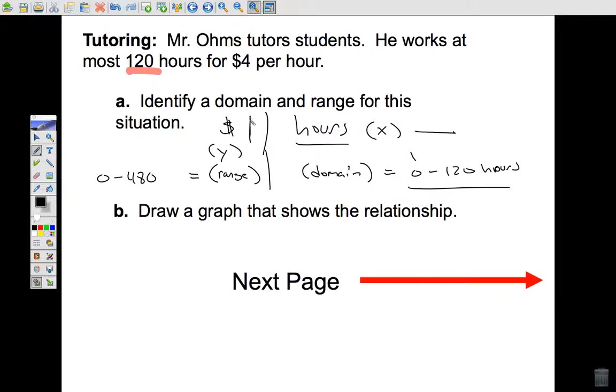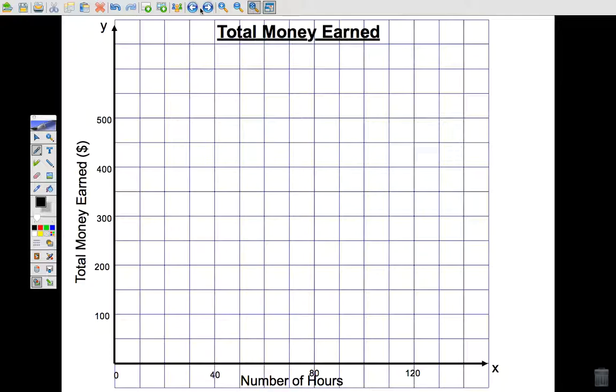This one's the vertical axis, okay? That's the y. Horizontal is x, okay? So let's see what we got. There it is. I have a title. Need a title. I have my y, or my dependent variable, labeled total money earned. I've got my independent variable labeled, which is number of hours.